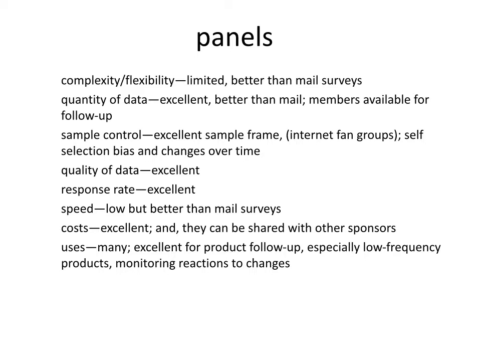It's a different kind of person who agrees to give responses every week over the course of a year than it is even willingness to respond to one survey. And so one always has to be aware that these are volunteers, and that volunteers are apt to be different from normal consumers.